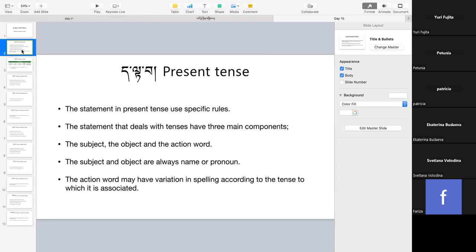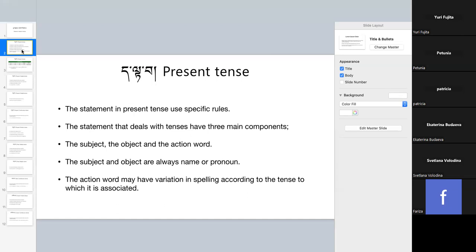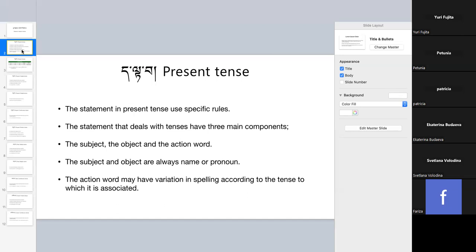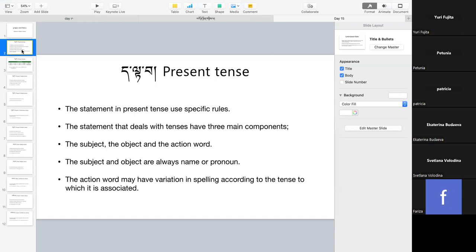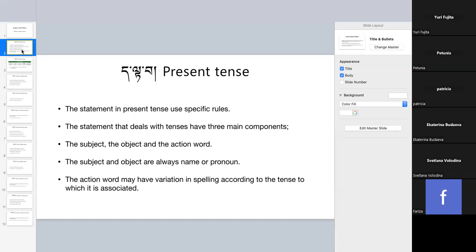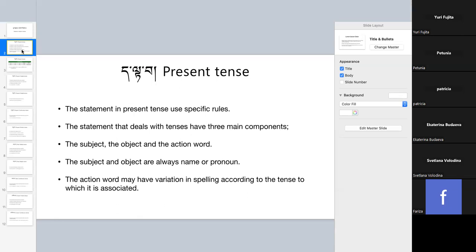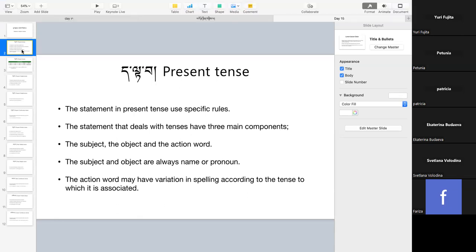So in those cases, the object won't be apparent. But it is most important that a statement should consist of subject, object, and action word, which deals with the tenses.